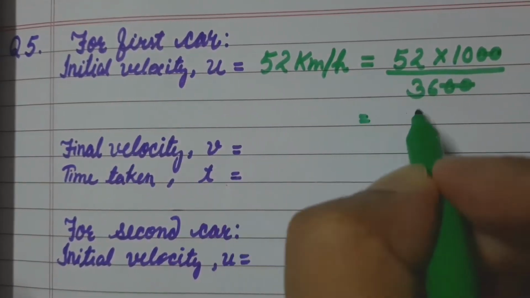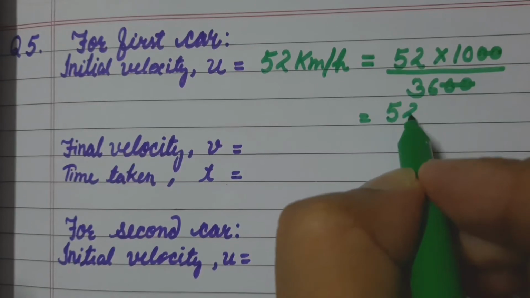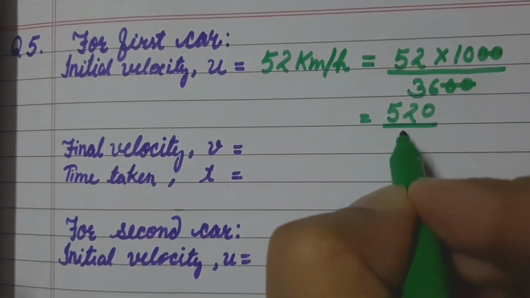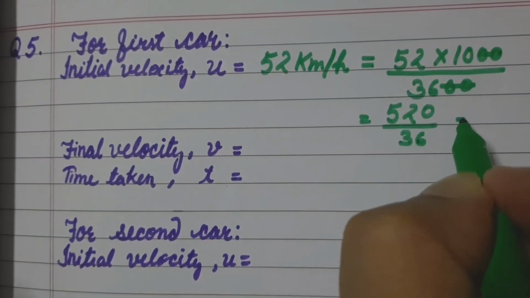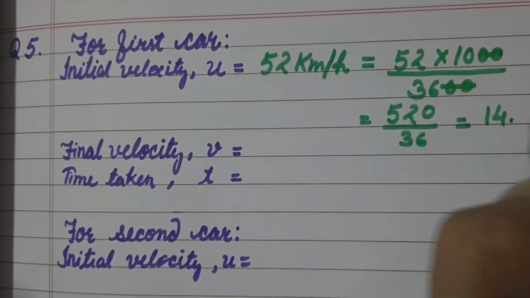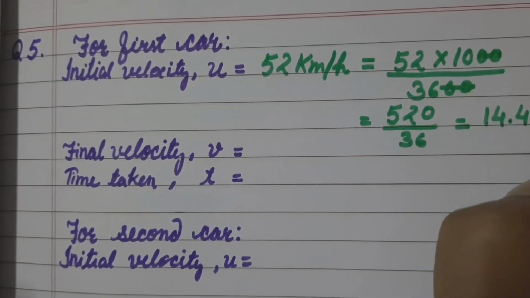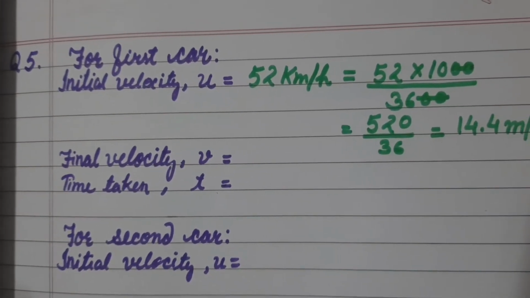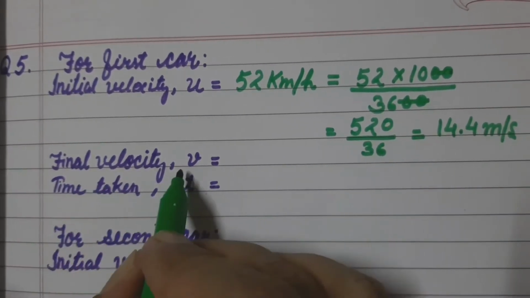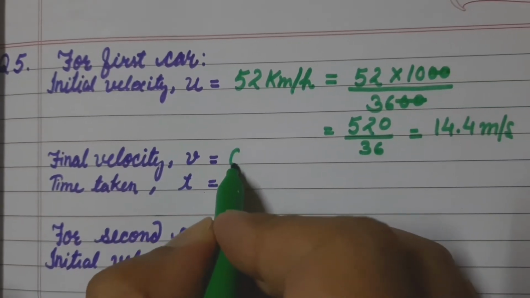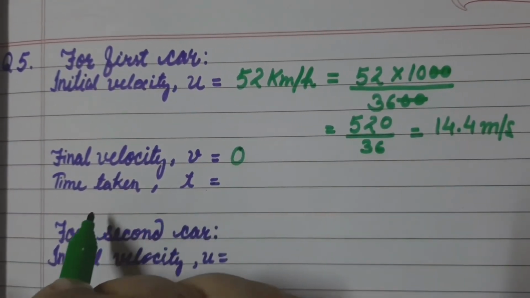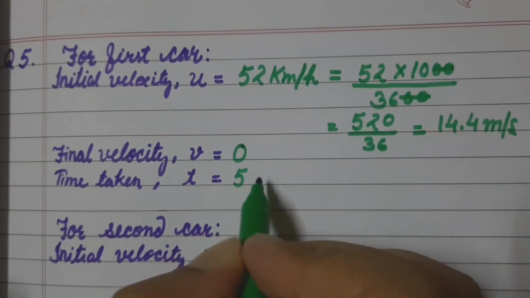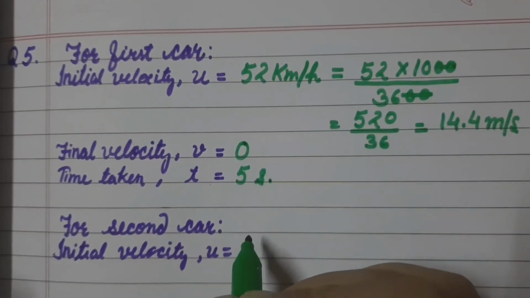It will be 520 upon 36, which is 14.4 meters per second. Final velocity is 0. Time taken is 5 seconds.